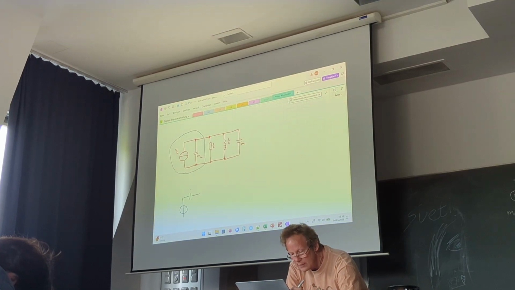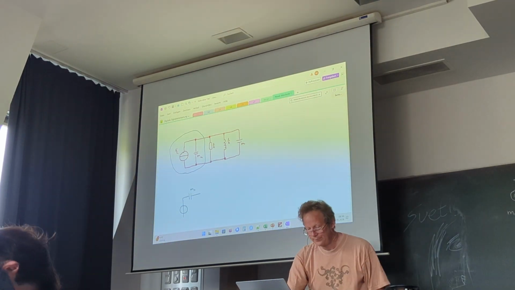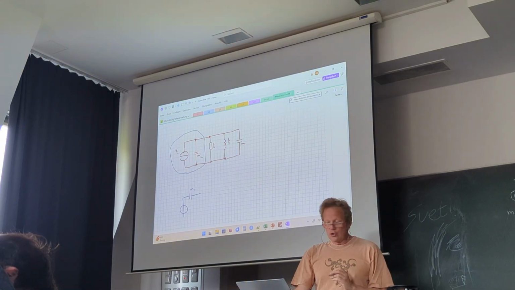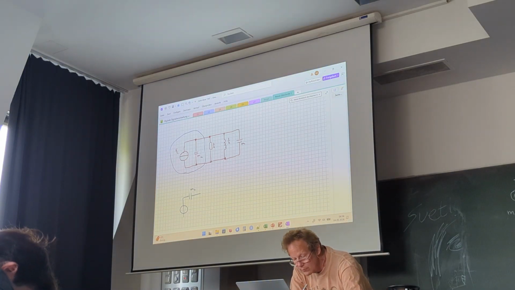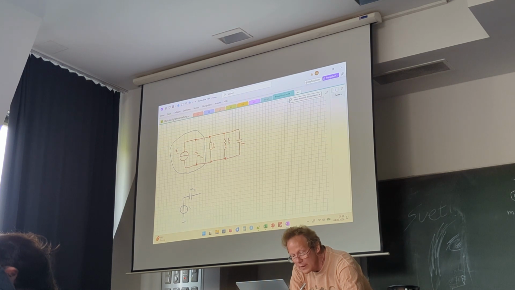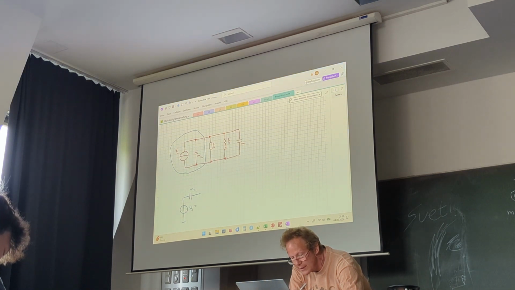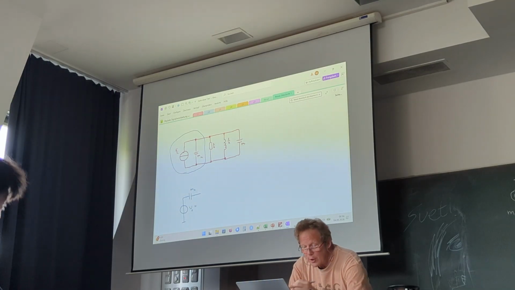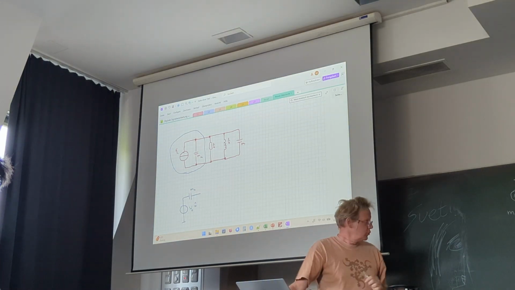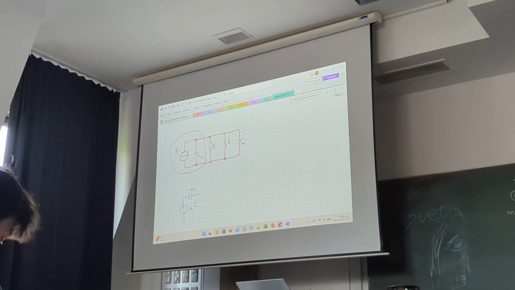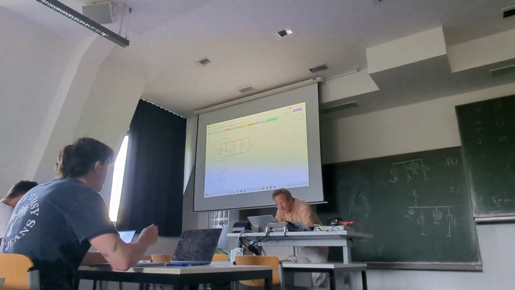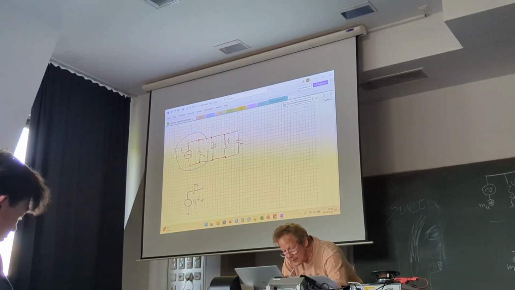So this is again mu. But the question is, what is the value of this voltage source now? So we have here a U0, let's say. This corresponds to the velocity source.